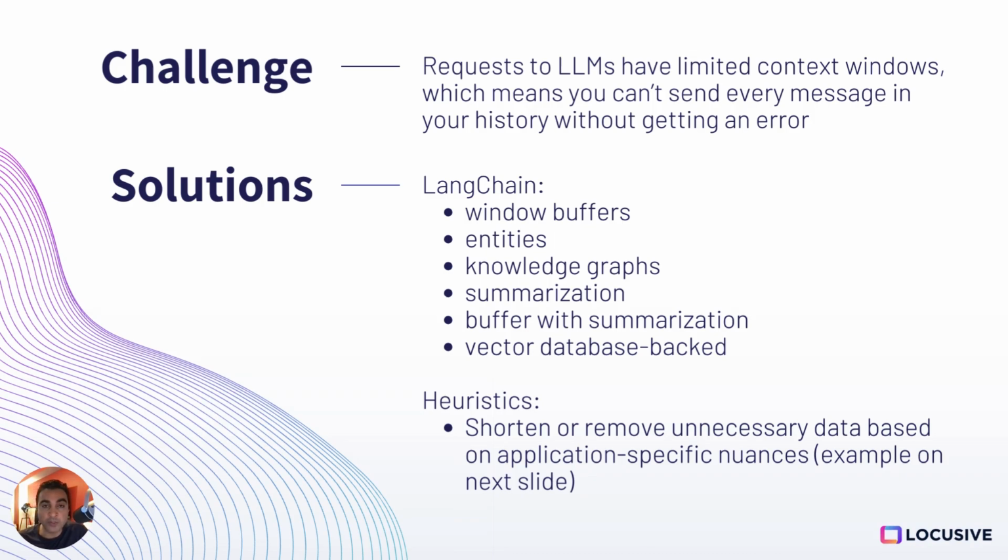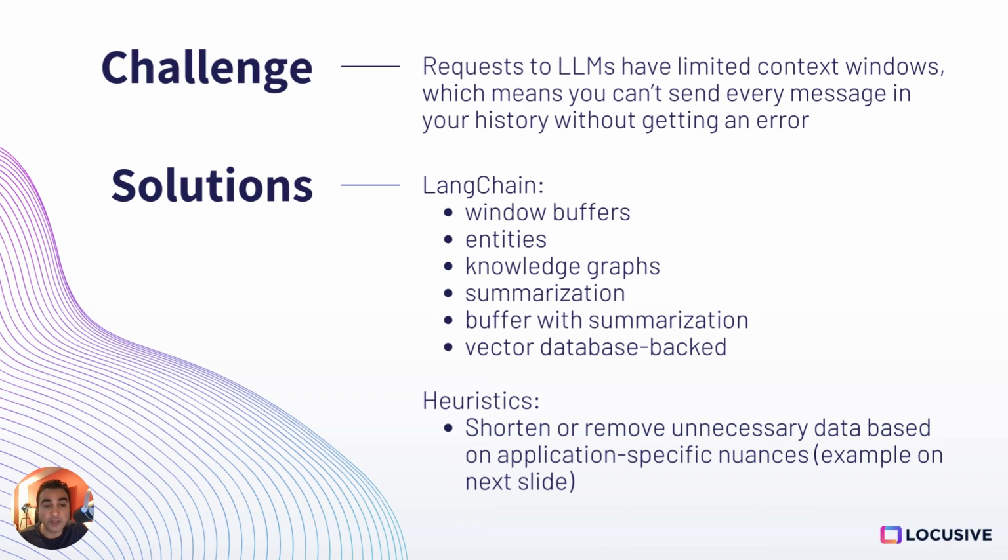Pretty decent way of doing things, but you do lose a lot of context that you might have aggregated thus far. So one way to get around that is to use summarization with a buffer. So for example, you keep track of the last 10 messages, but then you summarize everything that came before that. Certainly a way that you could go.